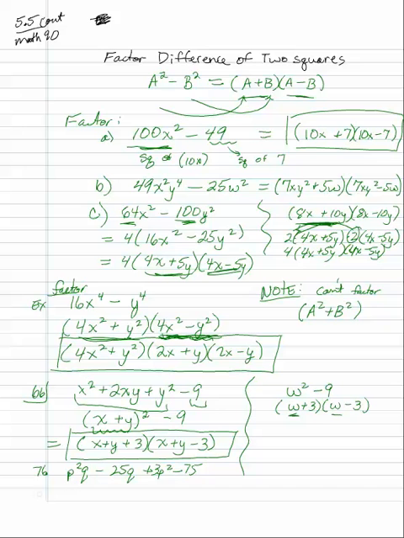Now this one doesn't look like I've got a perfect square trinomial and difference of squares. So let's try a group of 2 and a group of 2. So from the first group I can take out a q, and I get p squared minus 25. And then the second group I can take out 3 and get p squared minus 25.